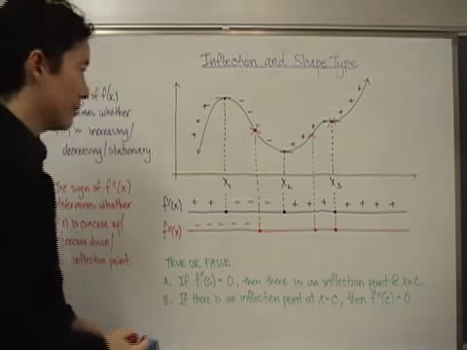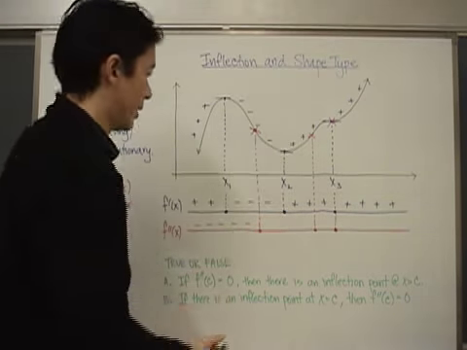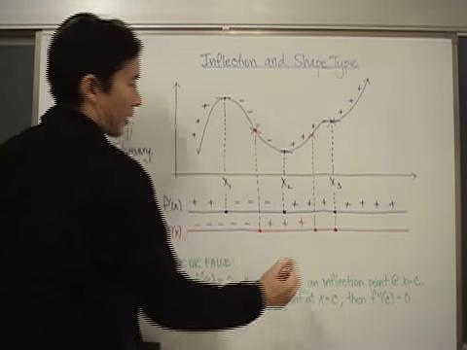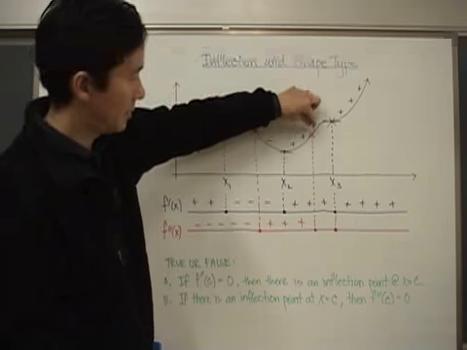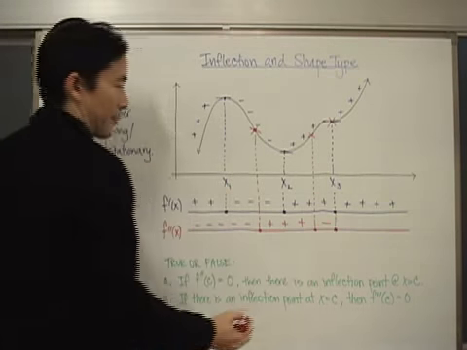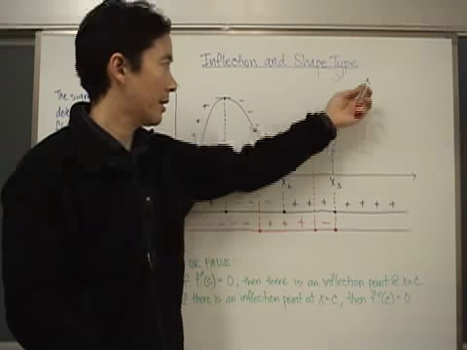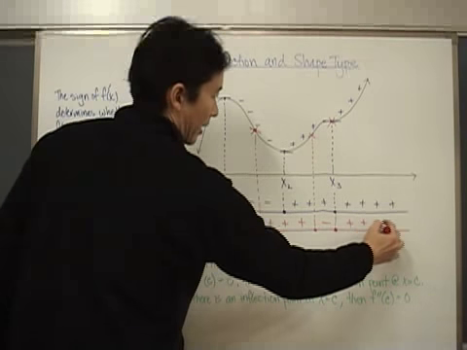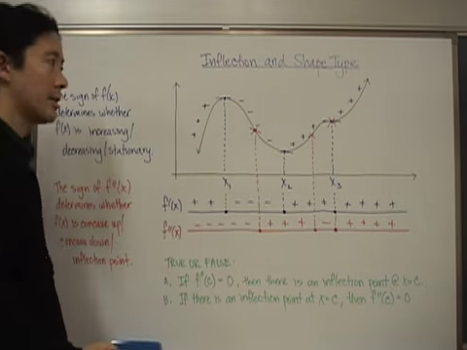Concave up, the sign of your second derivative is positive. Concave down means that the sign of your second derivative is negative. And notice that at this point here, it is concave up again, so you have positive concavity.